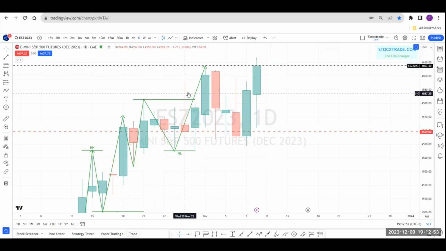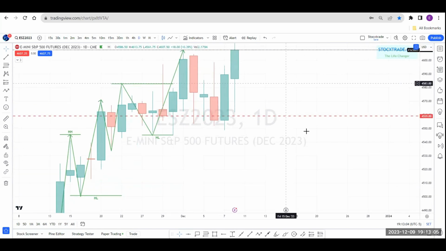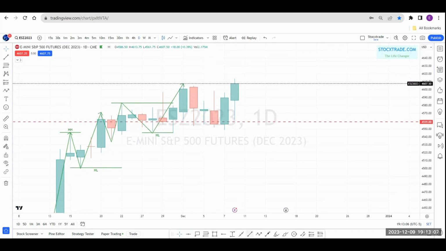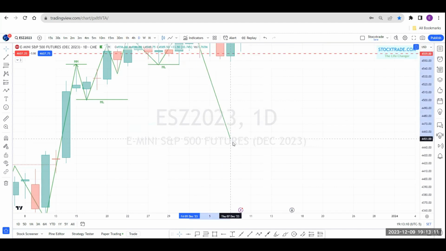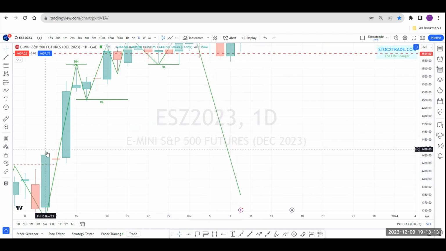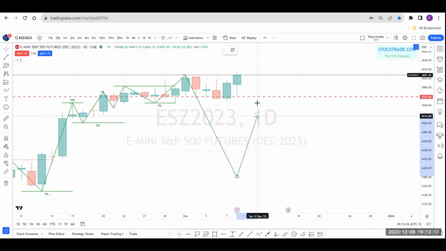The market wants to go bearish, but if it is in a bearish trend, it needs to break this level. The market needs to come here, break this low, and then the market will retest.